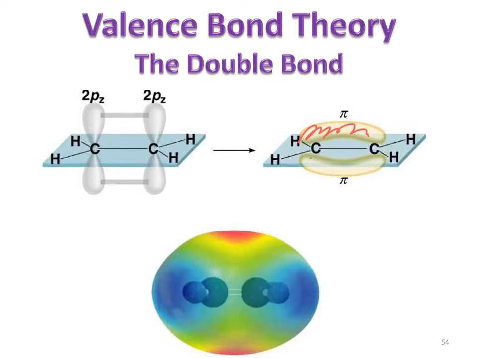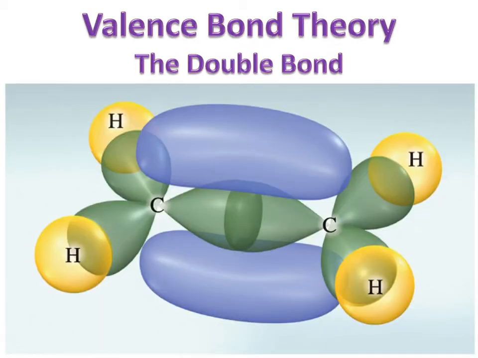Here the pi bond is 2-lobed, showing the increased density of electrons between the 2 carbons. This is a nice little balloon model showing the sigma bonds between the 2 carbons and between the carbons and hydrogens, and then the pi bond between the 2 carbons.